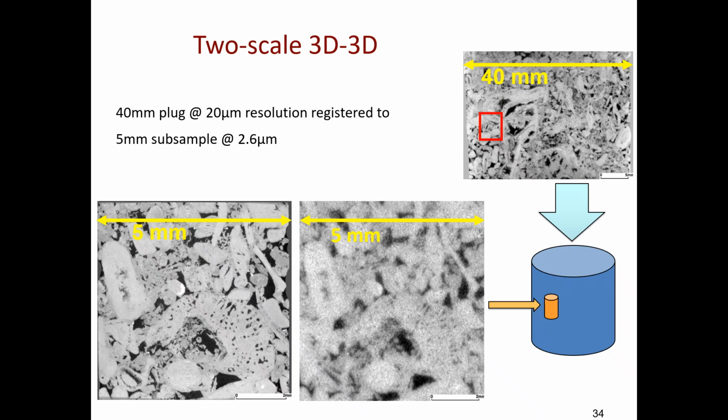Sometimes you have rotation of the core, or you have literally moved the core and put it back into the X-ray scanner. Can you guarantee that you're going to put the core precisely in the same spot down to 5 microns? So registration can help with that.